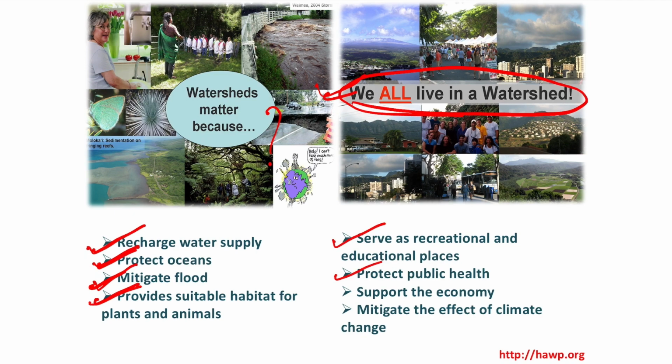Then protect public health, support the economy, mitigate the effect of climate change, right? सपोज हम वाटर को स्टोर कर रहे हैं या फिर जब हम जैसे क्लाइमेट चेंज हो रहा है, राइट, डिफरेंट फ्लड प्रोन एरिया है, तब अगर हम वाटर को अच्छे से स्टोर करके अच्छे से डाइवर्ट कर पा रहे हैं, राइट, तो फिर हम फ्लड को भी कंट्रोल कर सकते हैं। फ्लड क्या होता है? अगर एक बेसिन टूट जाता है या फिर अगर एक साथ बहुत सारा रेनफॉल हो जाता है तो वहाँ पे फ्लड सिचुएशन अराइज होता है। अगर उस रेनफॉल को हम मैनेज कर सकते हैं थ्रू वाटरशेड, then we can prevent that flood, or we can prevent a drought even if there is uneven rainfall, right?